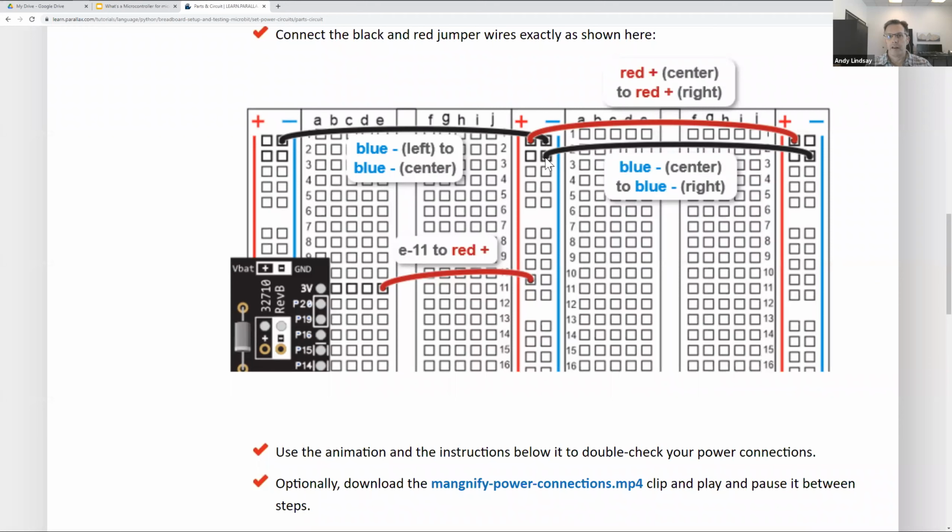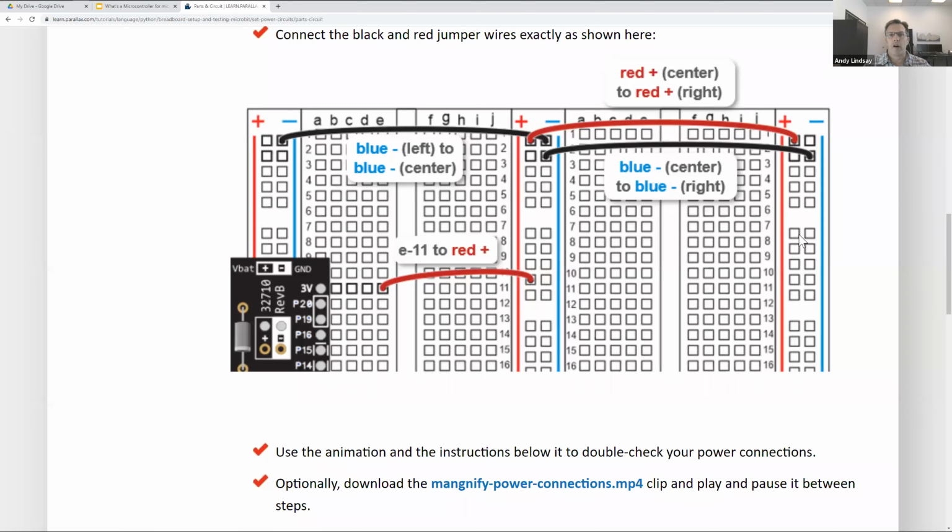And then right below that, we want to take a jumper, also a black wire, also next to the blue line, and go over to the right bus strip and connect next to the blue line there. Then the last one to check is to make sure that your red wire is in one of the red plus sockets here and goes to one of the red plus sockets on the bus strip over on the right.